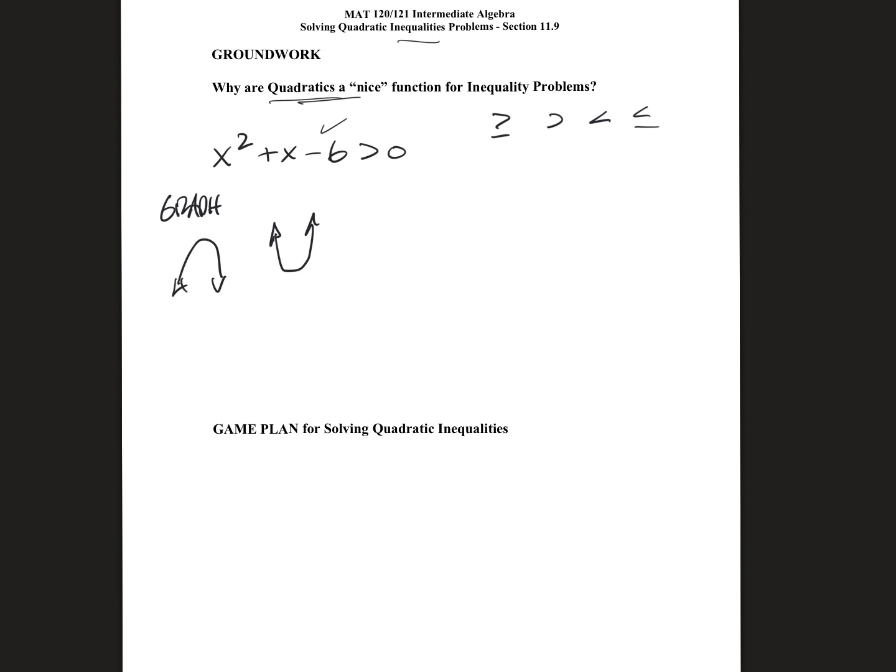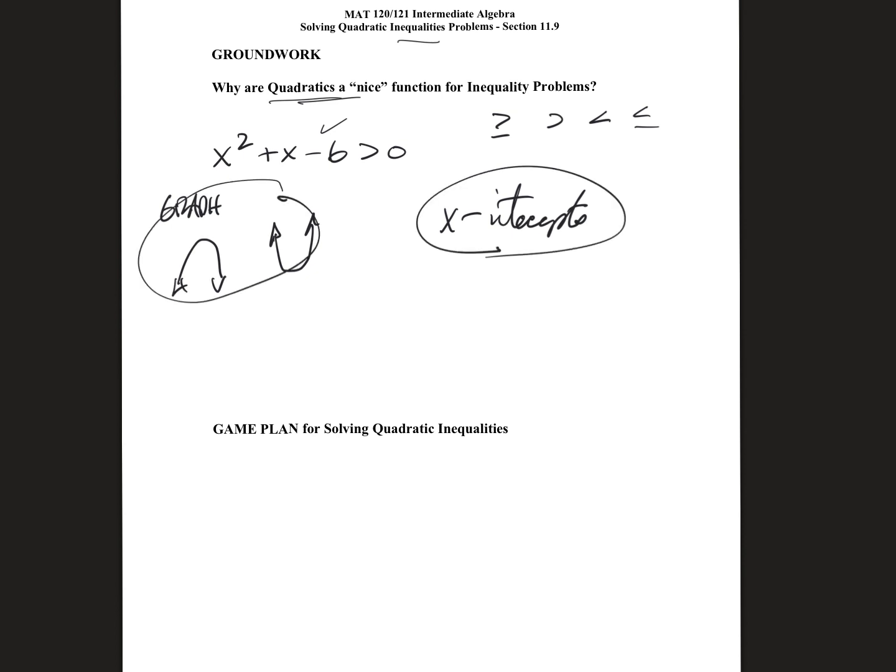And then that combined with the x-intercepts that we find, the graph and the x-intercepts will give us a good indication of how these things are solved. So the game plan will basically come as we do this problem here that I invented.